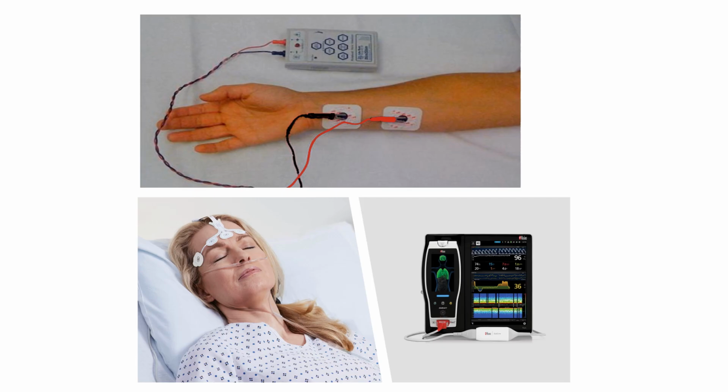So the BIS values guide sedation. A number between 40 to 60 indicates deep sedation, like anesthesia, and 60 to 80 is moderate sedation. So it prevents both under sedation, wakefulness while paralyzed, and over sedation.